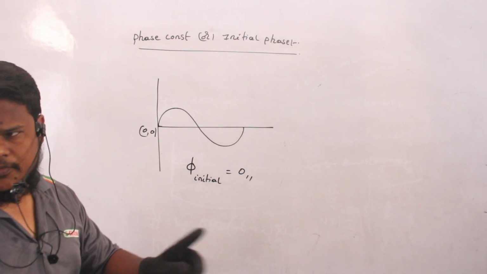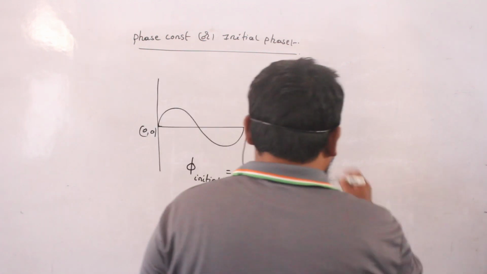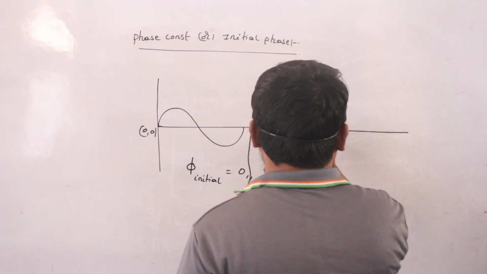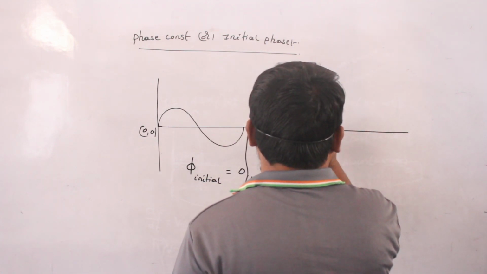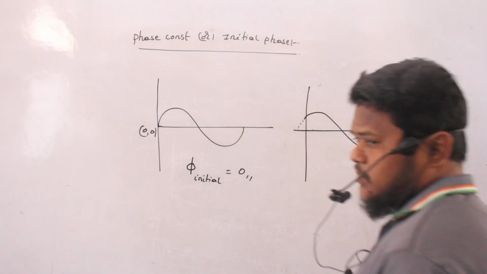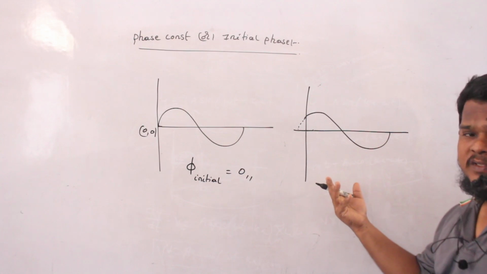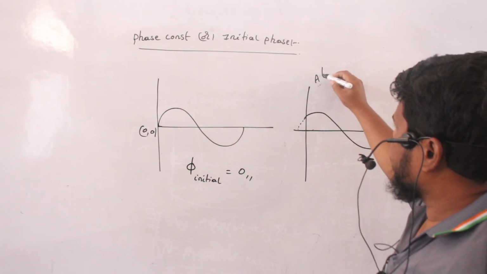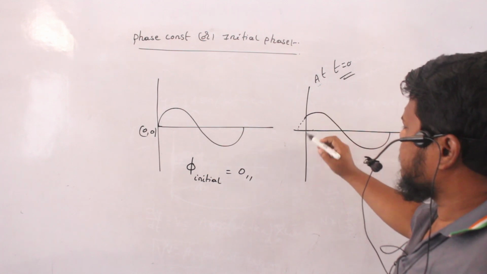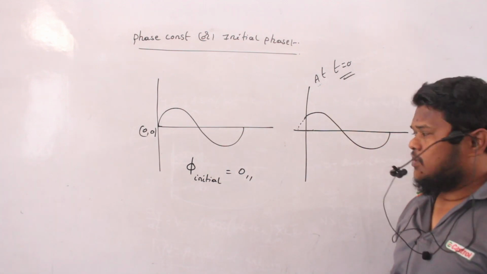Because already we have studied that SHM and wave motion we can compare with circular motion. So now if I take one more wave, let the wave be like this. Here at t equal to 0, definitely the particle is not present at the mean position.